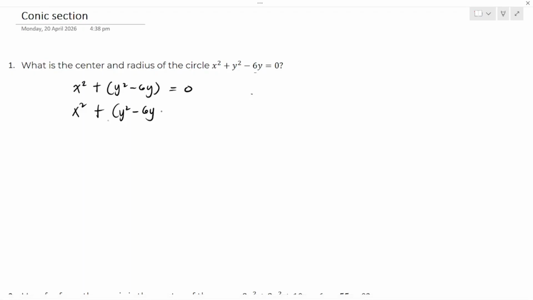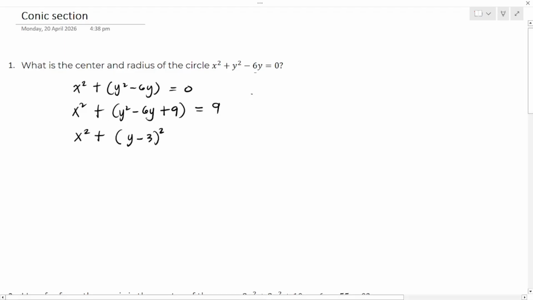Then we square the negative 3, so it becomes plus 9. Whatever value we add here, we also add on the other side. So this is x squared plus, factoring, y minus 3 squared. If we expand y minus 3 times y minus 3, you get y squared minus 6y plus 9, and that is equivalent to 9.